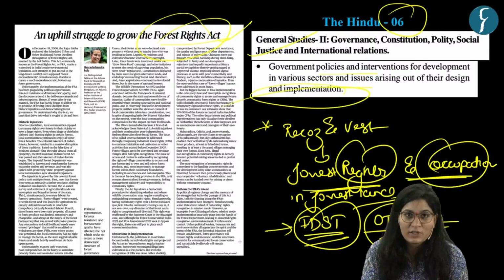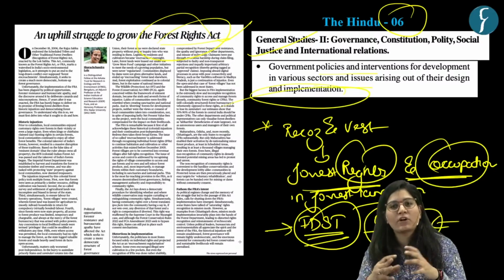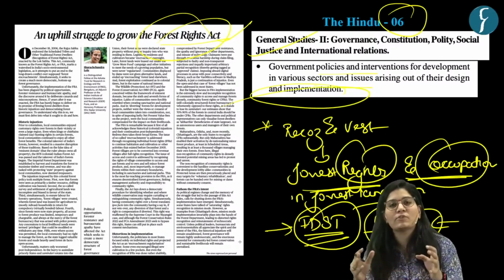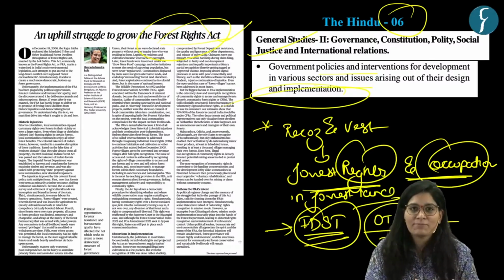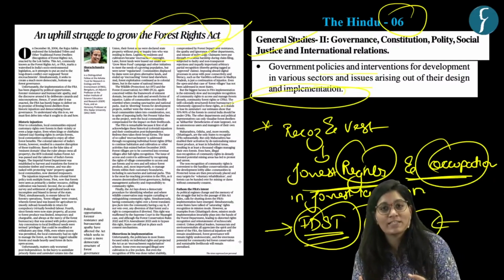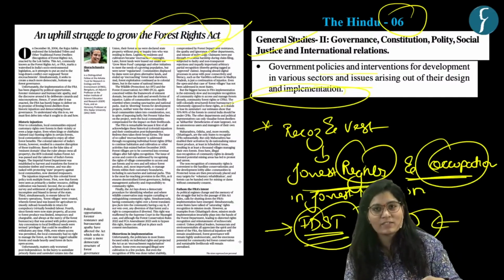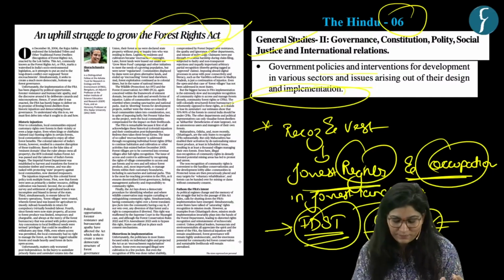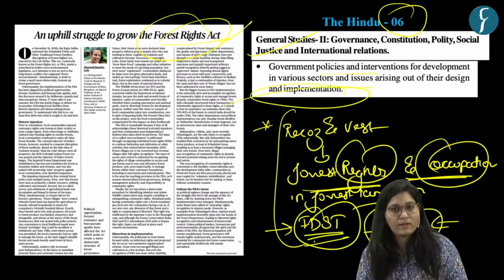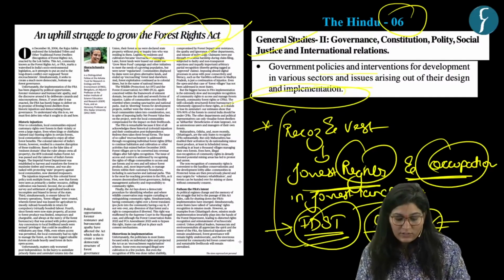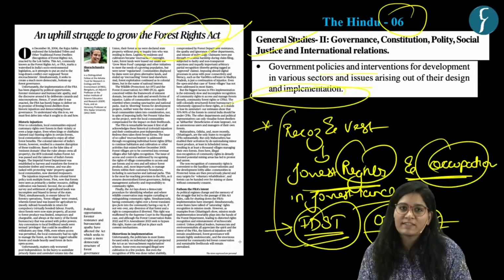You should know these forest dwellers are very important for the forest ecosystem, for its sustainability, for its conservation, for its maintenance, for its continuity. So this act recognizes all these importance. So this is the basic objective of Forest Right Act 2006.